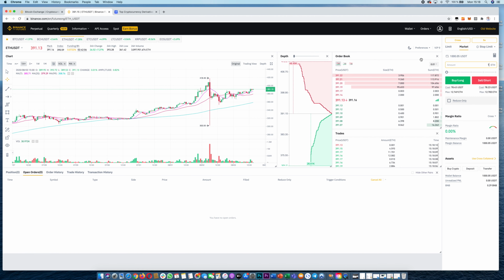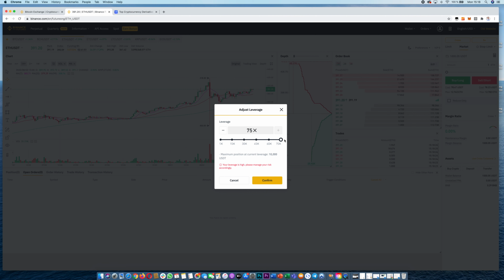And another thing you have to know is you can select leverage here. So first of all, you can select up to 75x leverage. However, that's very dangerous. If you select a leverage of 75x, that means you will get liquidated if the price goes a bit less than 1.5% against you.